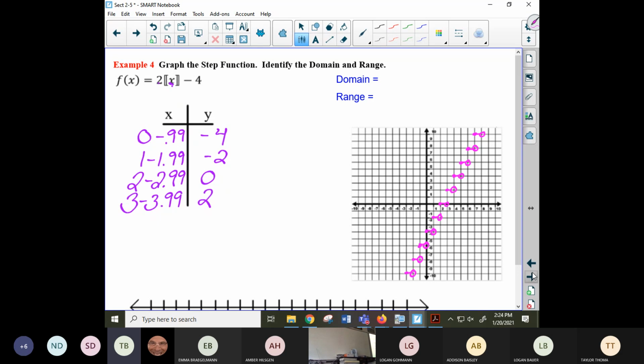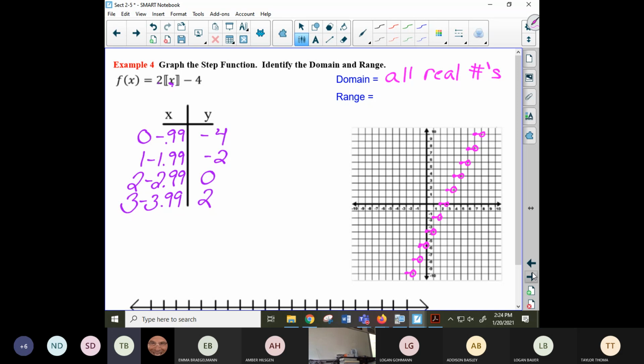Okay, everybody okay there? Now your domain again is going to be all real numbers. With your ranges for a step function, it's either going to be all odd integers, all even integers, or all integers.